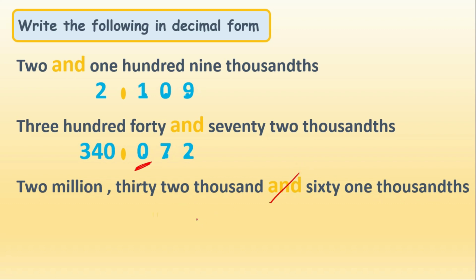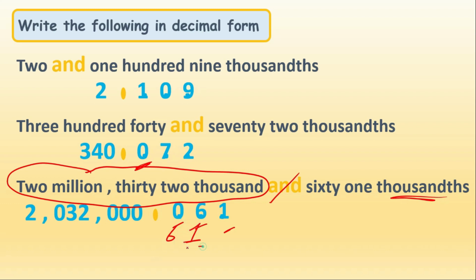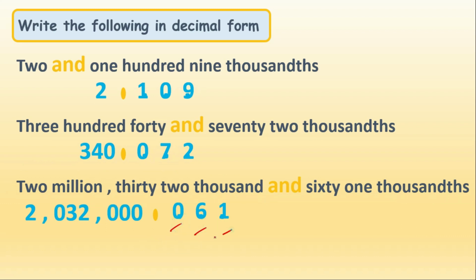Okay, and is replaced by the decimal point, and write the whole number, 2,032. This we already know from grade 4. Okay, and the decimal point, then 61 thousandths, so write 3 digits and then 61 in hundredths and thousandths. Okay, we reserve the places with these 3 dots so we don't make a mistake and write 61 here, which would make it 61 hundredths. But when we determine the spaces, we write it correctly.